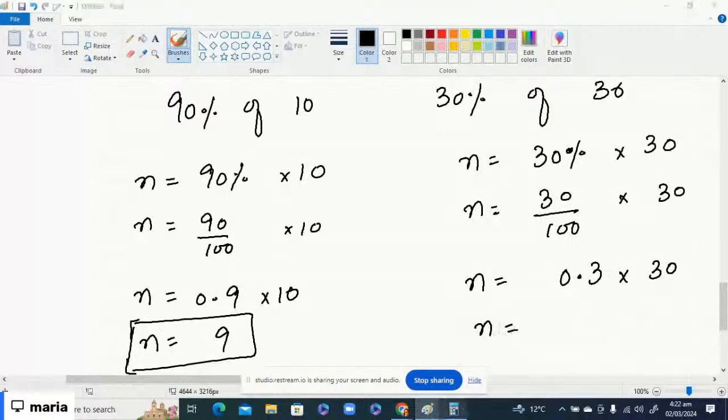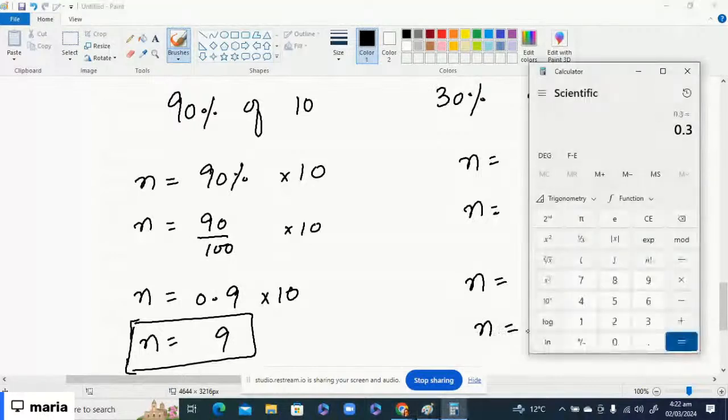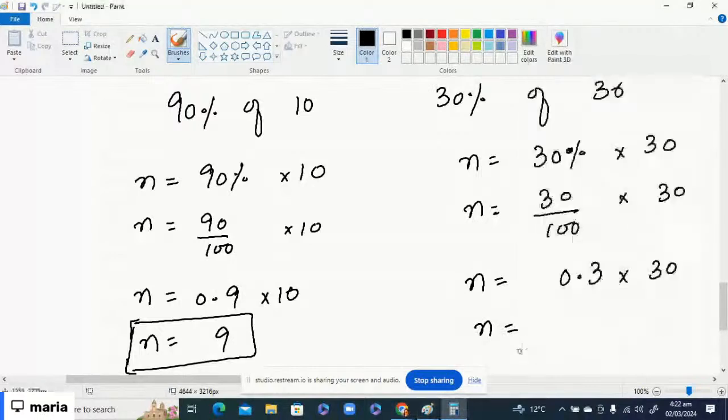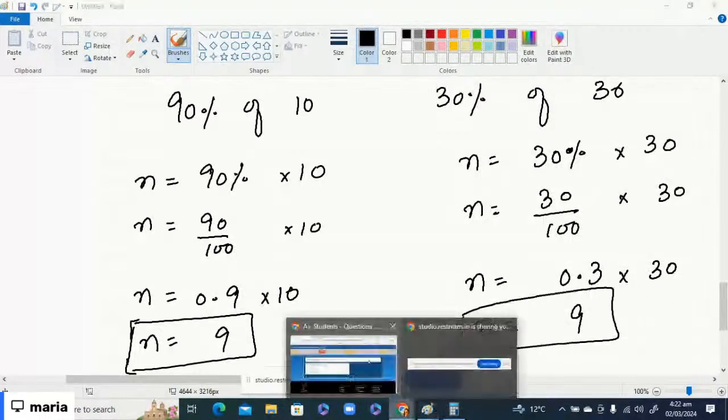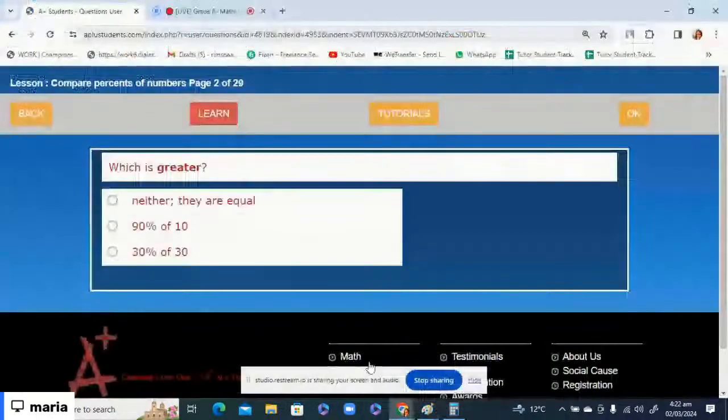Let's find 0.3 times 30. This is also 9. So both have the same. There is no greater or equal here. So we can say that neither, they are equal. Okay.